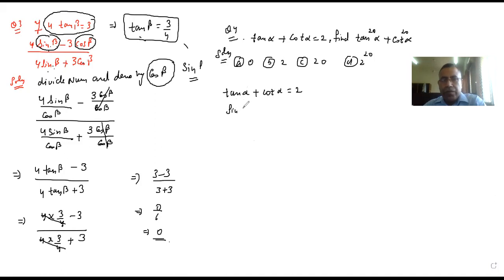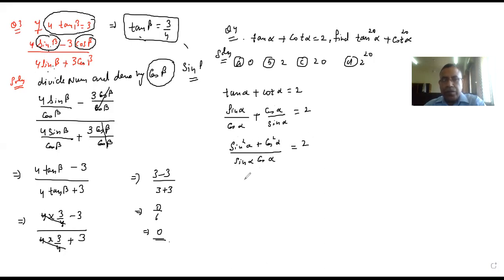This is sin alpha upon cos alpha plus cos alpha upon sin alpha is equal to 2. What it means? Sin square alpha plus cos square alpha upon sin alpha cos alpha, which is equal to 2.